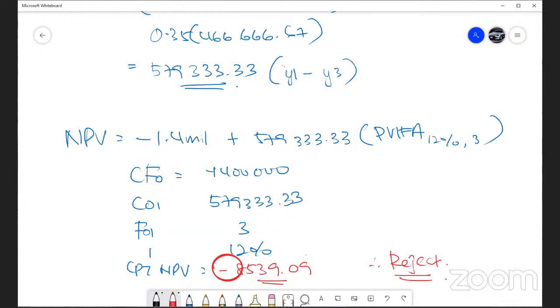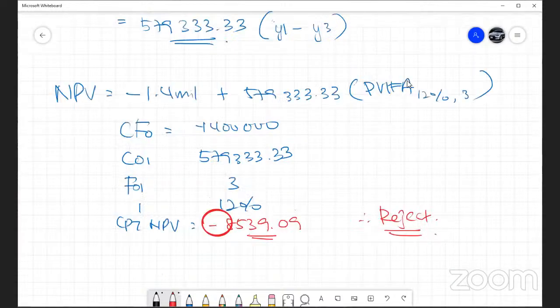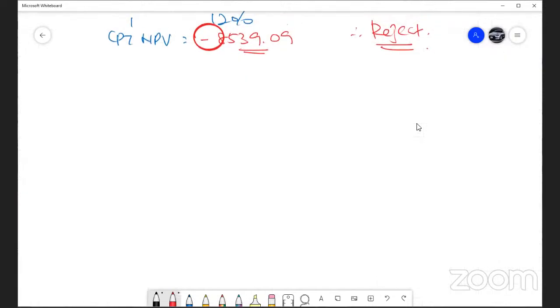Okay, so very simple. Basically, in the first year, you need to add another $285,000 as net working capital. So let's see how to do this. Just now, this one, you put into a timeline. We put year 0, 1, 2, 3.